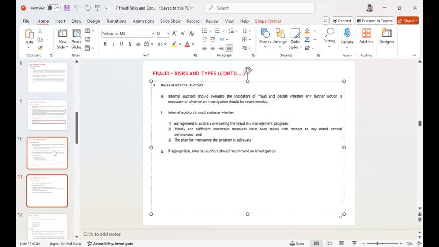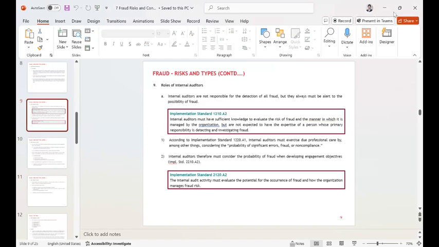Now, here, of course, in the IIA internal audit standards, there is no specific reference that an auditor needs to take action when a fraud indicator is detected. But I will share something else with you. In Sri Lanka, you have an auditing standard, which I usually teach to the local students.